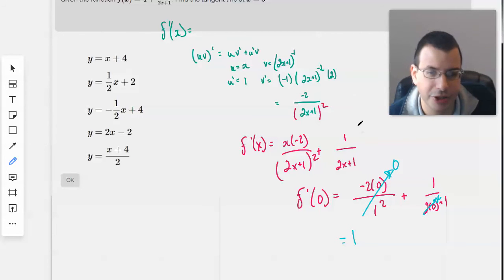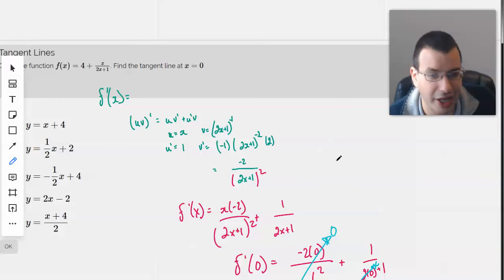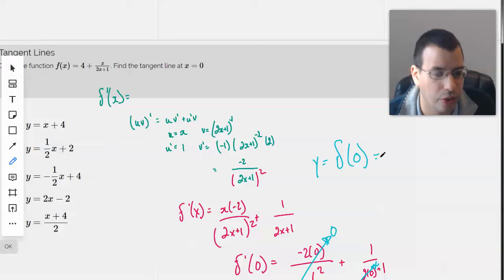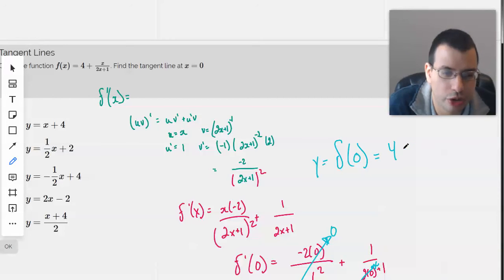Okay? So now that we have the slope of the line, we need to actually find a real point. So we have the x coordinate, 0. So I'll say y equals f of 0, or y coordinate, which is 4 plus 0 over 2 times 0 plus 1.